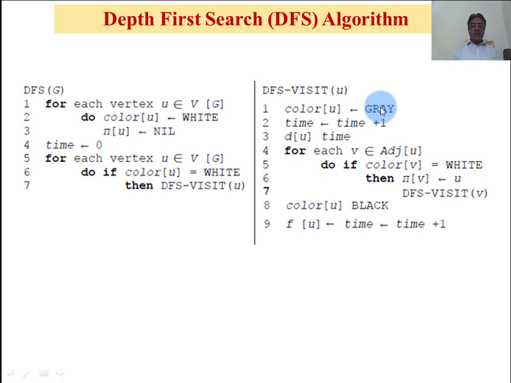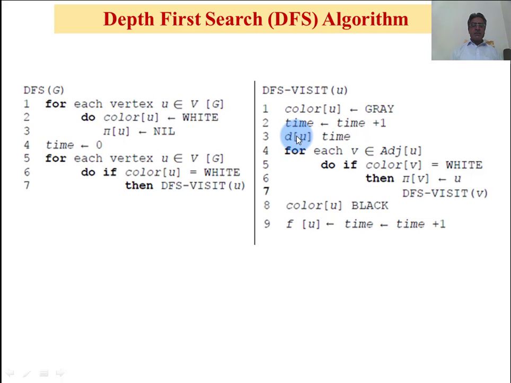The color of u becomes gray. Time is equal to time plus 1. Here the time was 0, so it becomes 0 plus 1 is equal to 1. d of u, the discovery time of u, is set to the time value, that is 1.